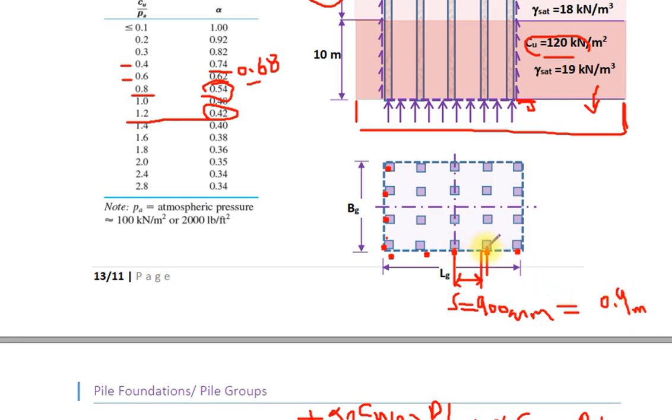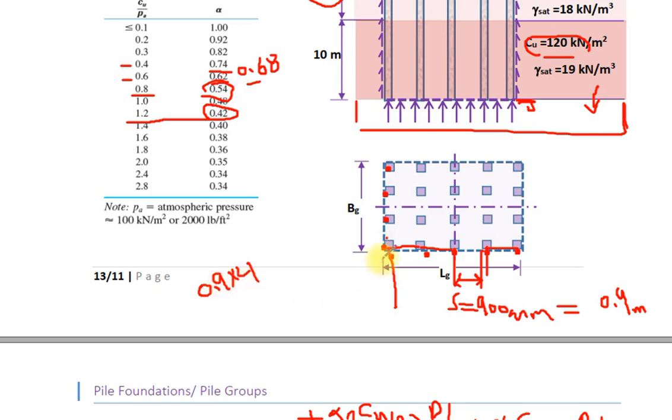This distance 0.9 meter, this distance 0.9 meter, multiplied by 4. We get the distance from the center of the outer pile to the center of the outer pile.